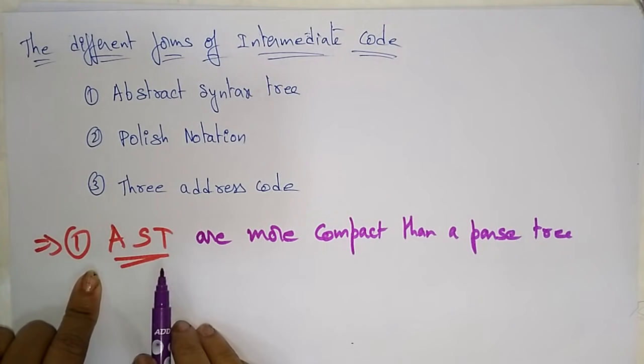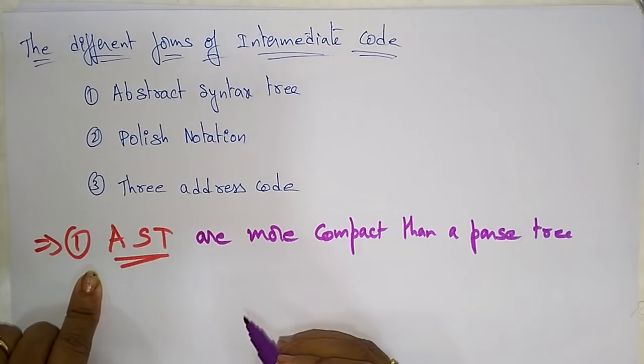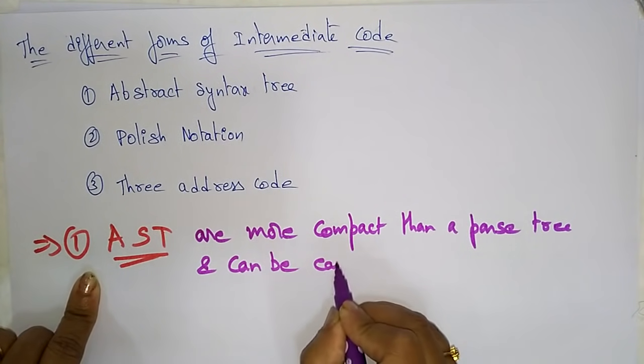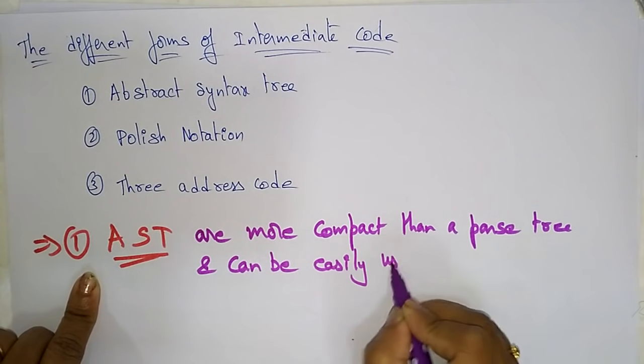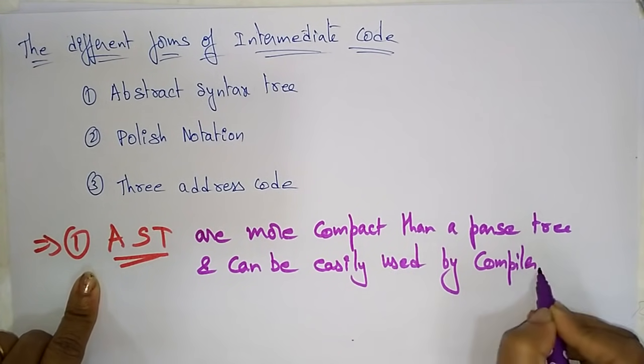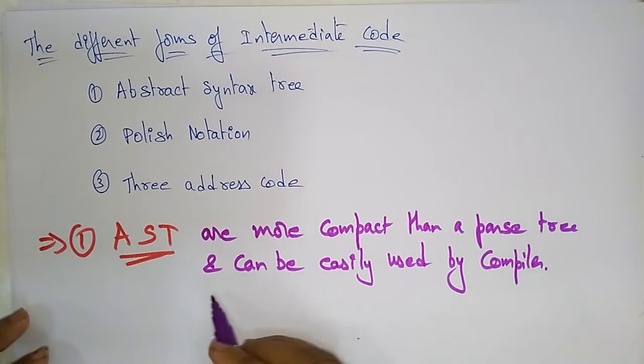So the abstract syntax tree is more compact than a parse tree and can be easily used by the compiler. Okay, so let's take a simple example for this abstract tree.